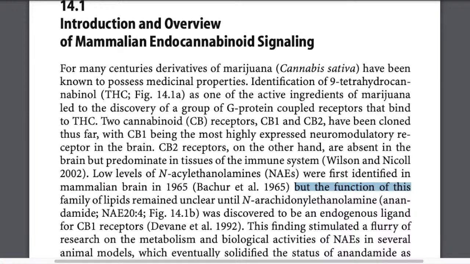But the function of this family of lipids remained unclear until this guy, anandamide, NAE 20:4, was discovered to be an endogenous ligand for CB1 receptors. So inherently it's made, and it's a ligand.